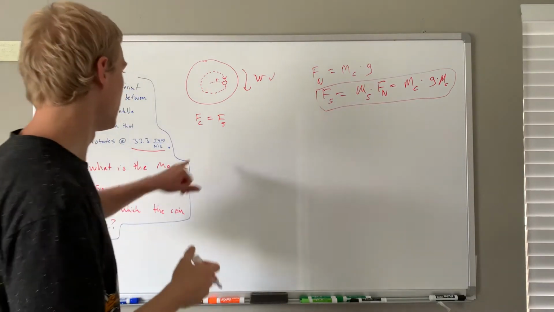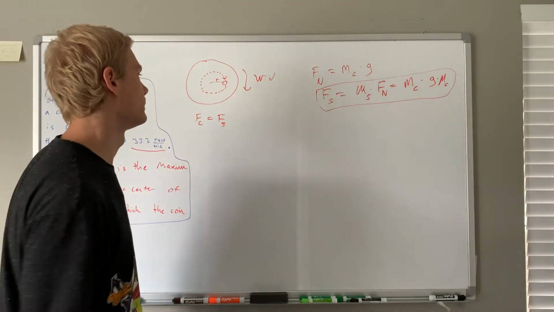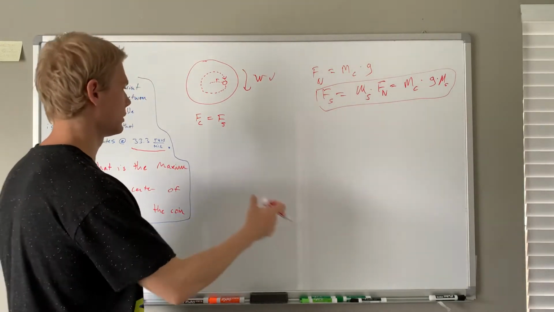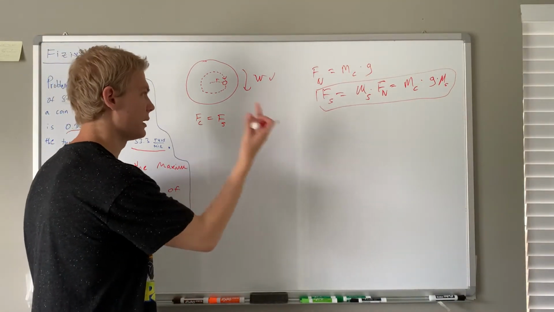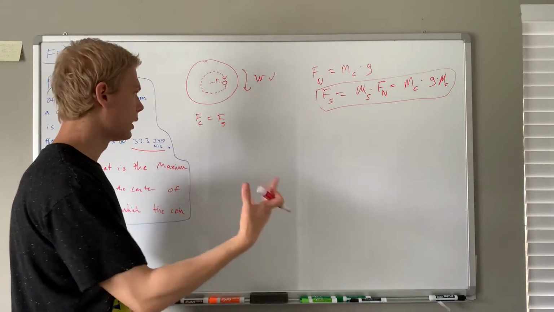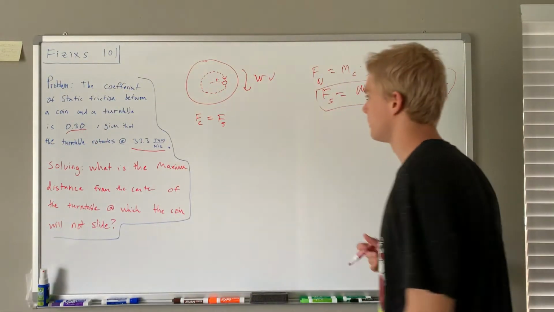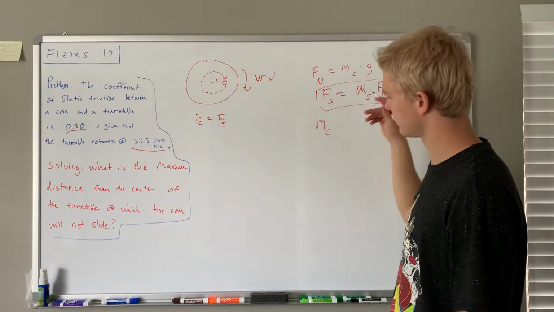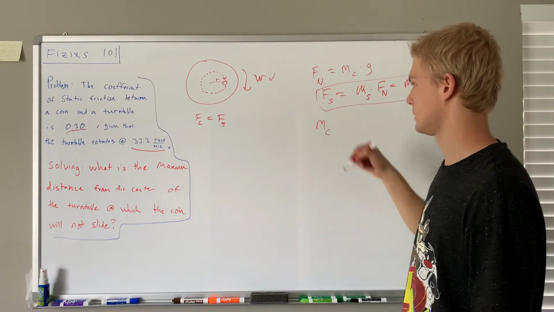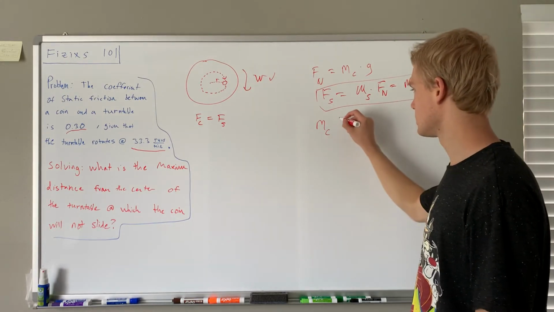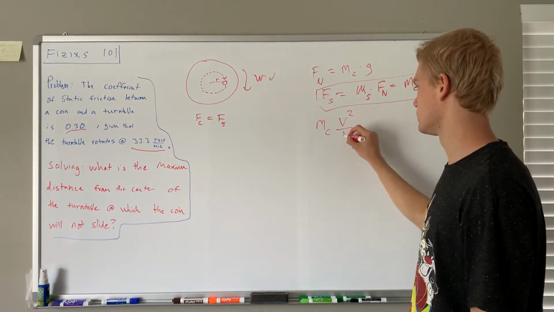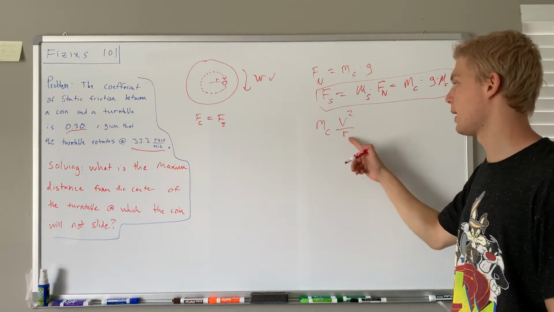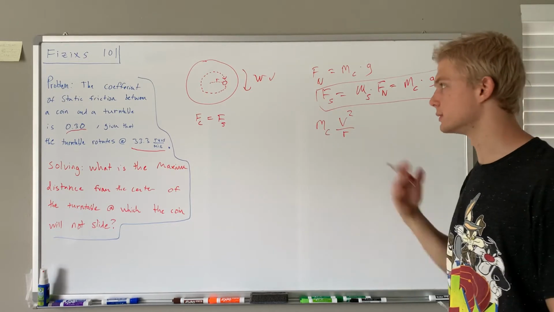But you also have to know the centripetal force. You know they're equal, but you don't know what this is yet. How do you relate circular motion? Well, you basically have to remember it: centripetal force is the mass of the thing moving in that motion times acceleration, and the acceleration is equal to the tangential velocity squared over the r of its orbit.